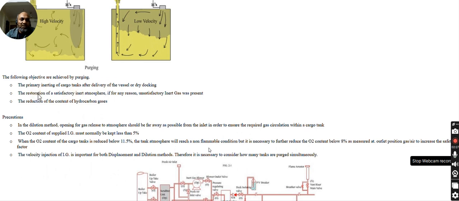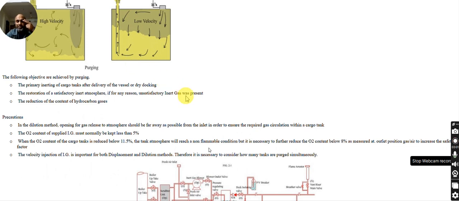And if at any time I have inerted tanks but the condition of the inert gas has reduced and the oxygen content has increased, then to reduce the oxygen we have to supply the inert gas to get a satisfactory condition, oxygen level below 5% or something like this. And number three, the reduction of the content of hydrocarbon gases.